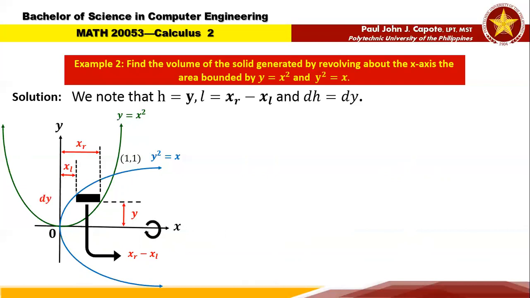So if we revolve this rectangular element about the x-axis, we get a cylindrical shell.